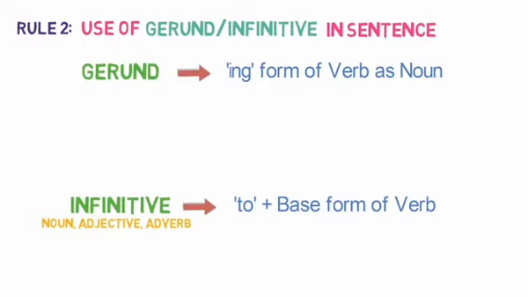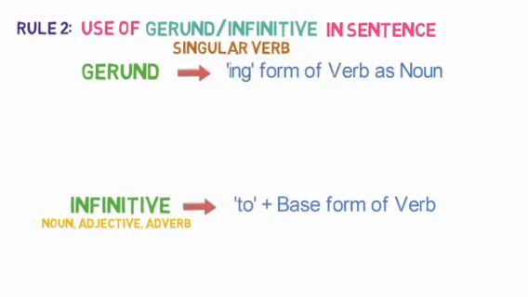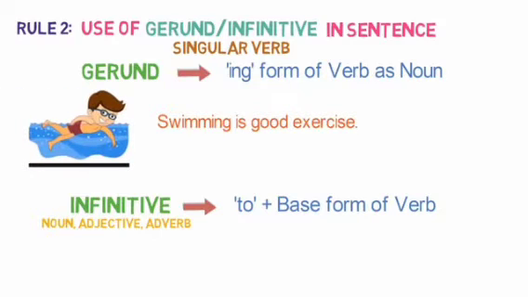Now, when a gerund, which is an ing form of the verb, is functioning as a noun and is the subject of a sentence, you should use a singular verb. For instance, in an example like swimming is good exercise, swimming is a gerund and it is the subject of the sentence, so we take the singular verb is.